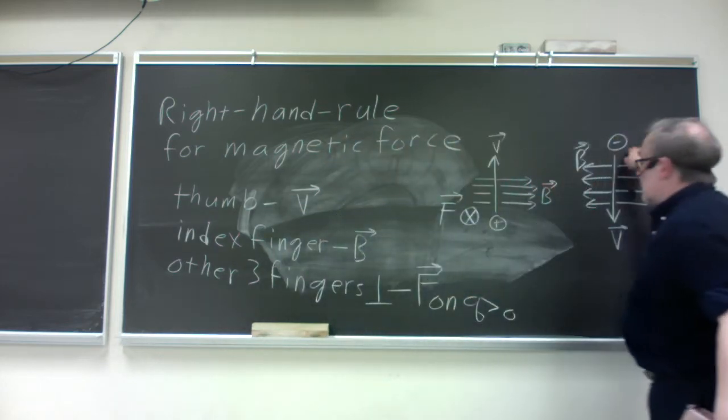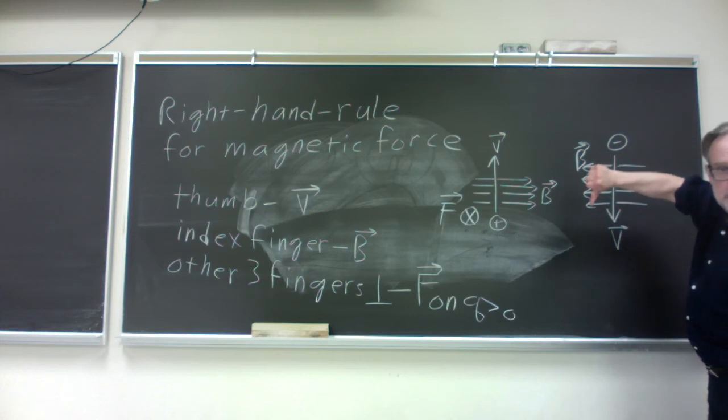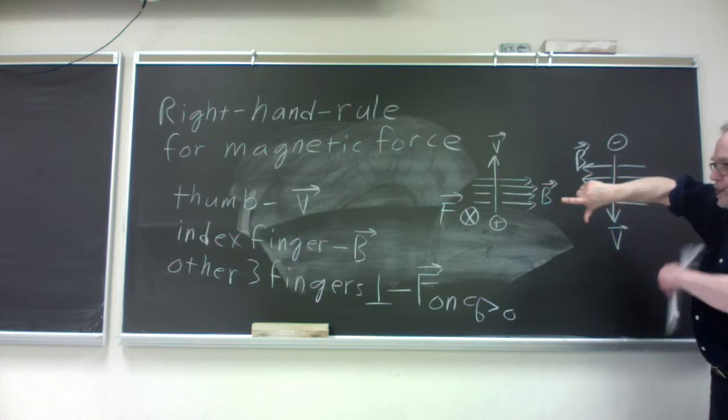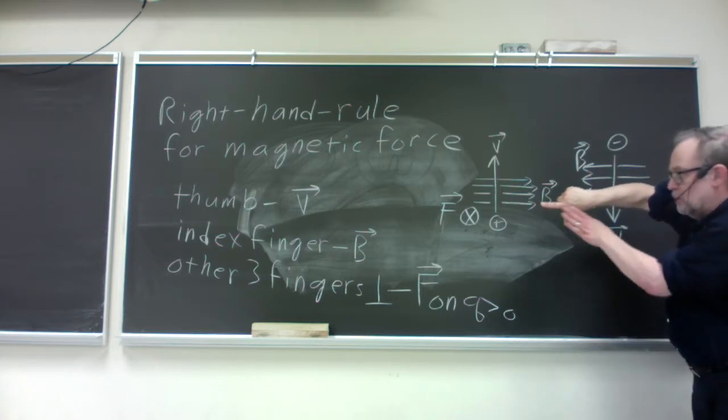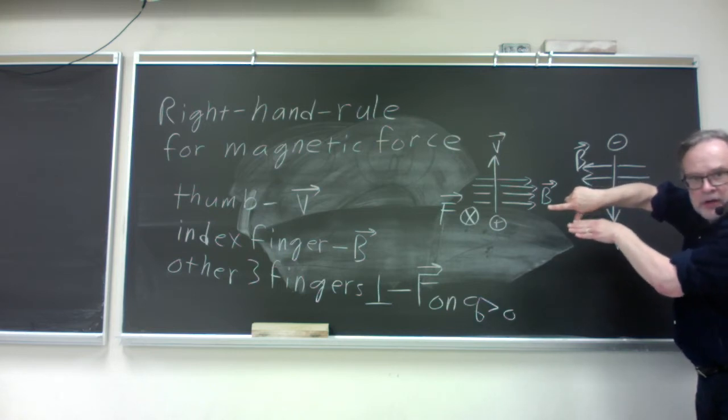Now, a negatively charged particle, the velocity is this way, so I point my thumb straight down. The magnetic field is right to left, so I point my finger to the left, and then I rotate my fingers so that they are perpendicular to the plane in which index finger and thumb sit.